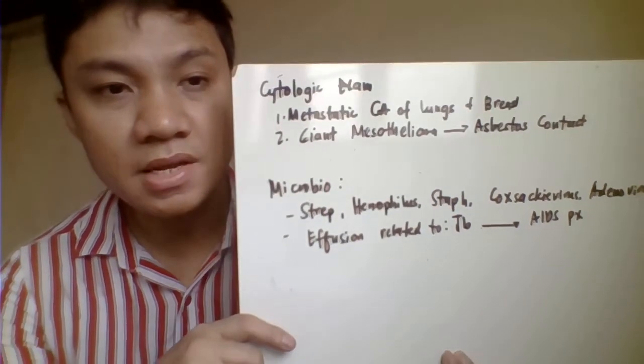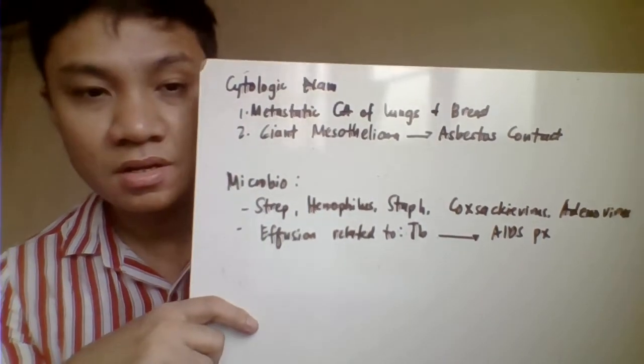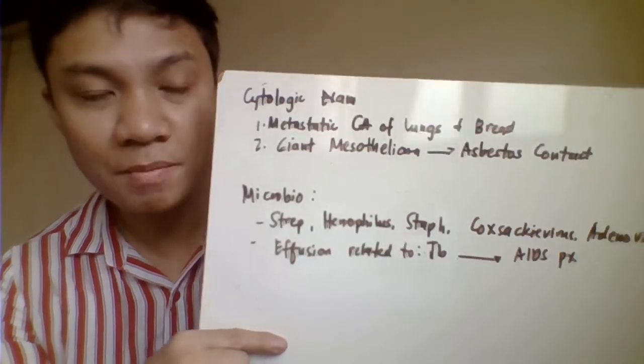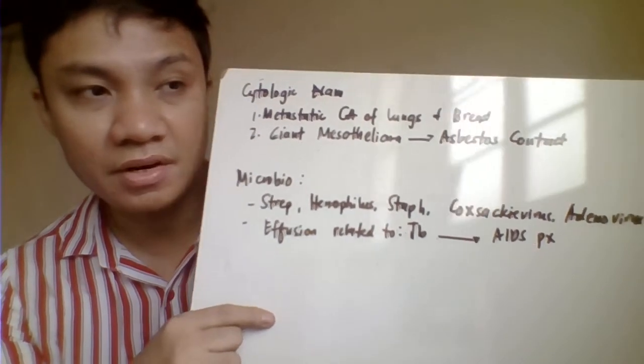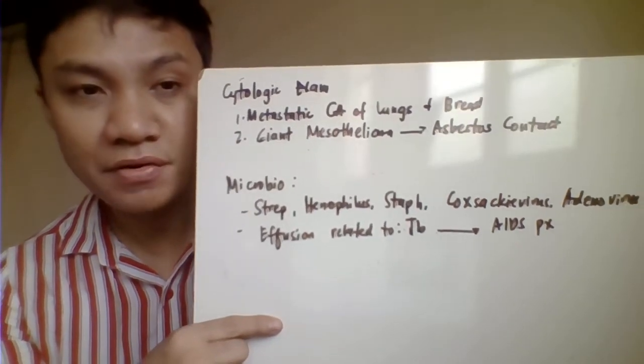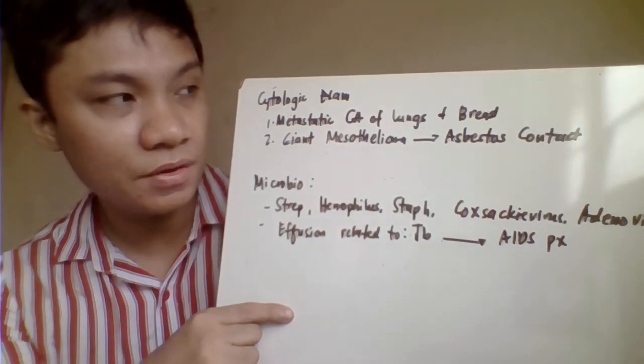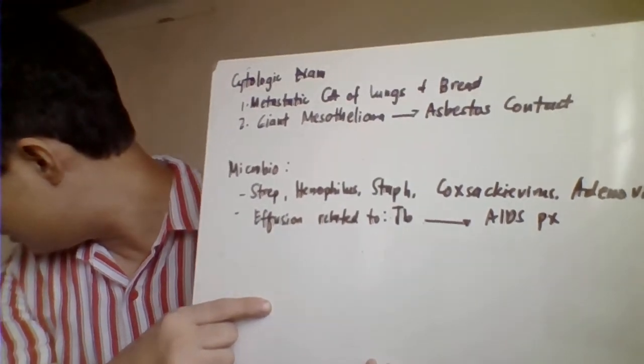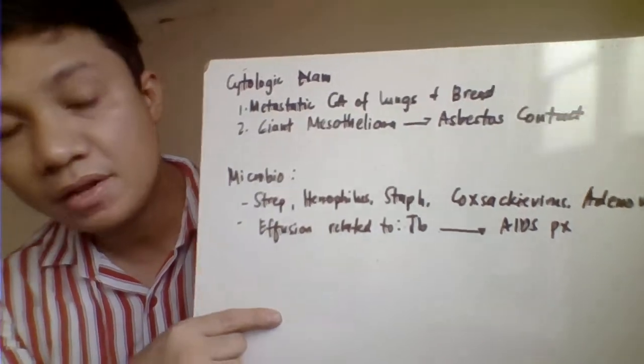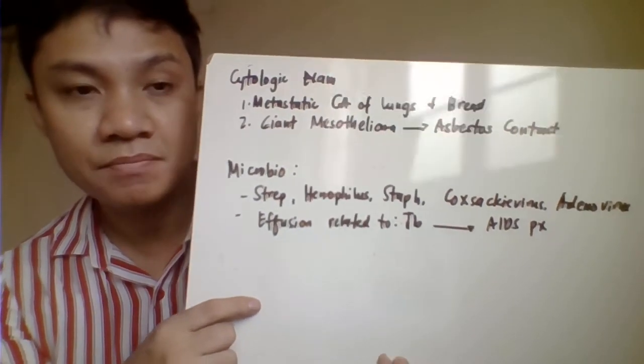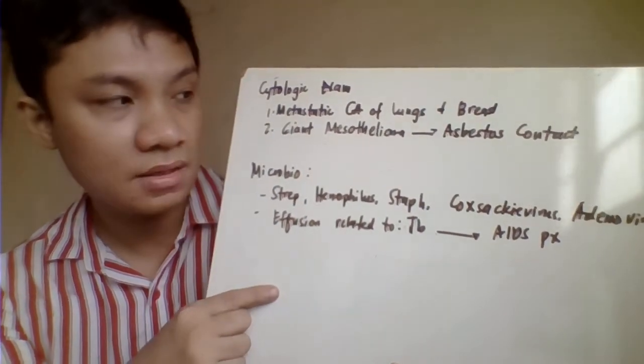Okay, then we have the cytologic examination for the carcinoma related to your heart. You could have metastatic carcinoma of your breast, or your lungs. You could also have mesothelioma related to your asbestos contact.